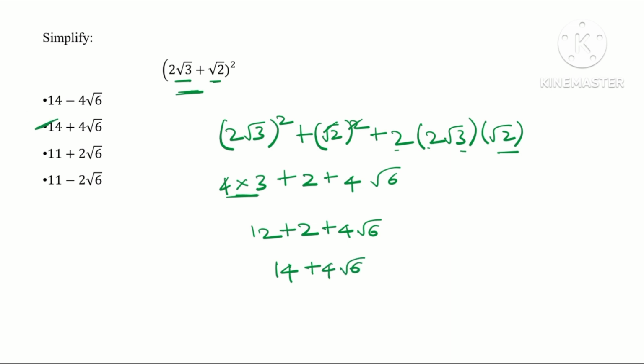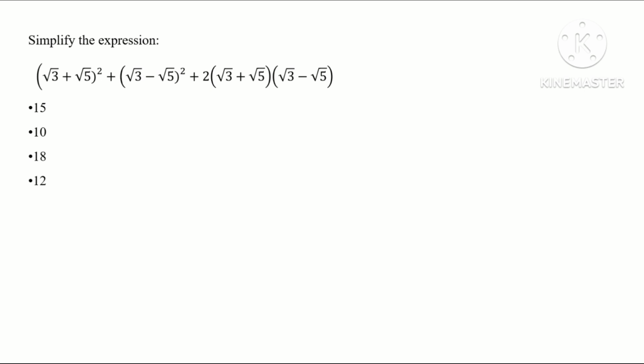This is the answer. In this problem, it is in the form of a square plus b square plus 2ab. Here a is root 3 plus root 5 and b is root 3 minus root 5. We know a square plus b square plus 2ab is a plus b whole square.